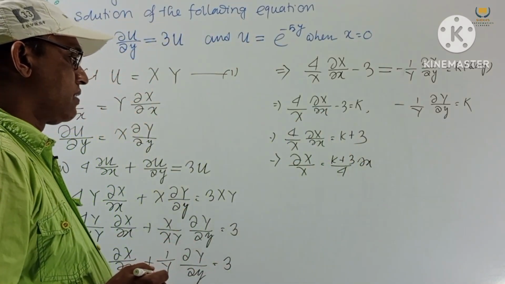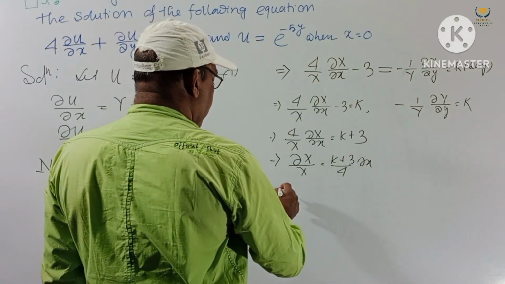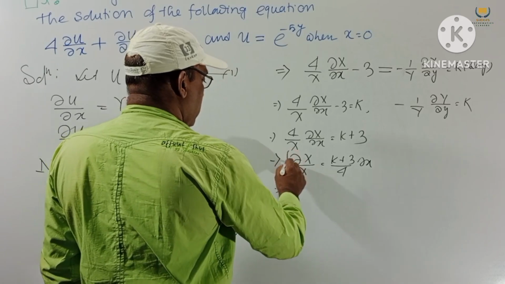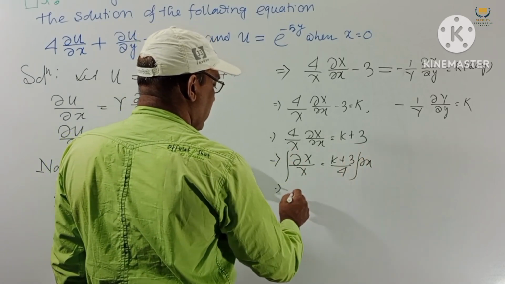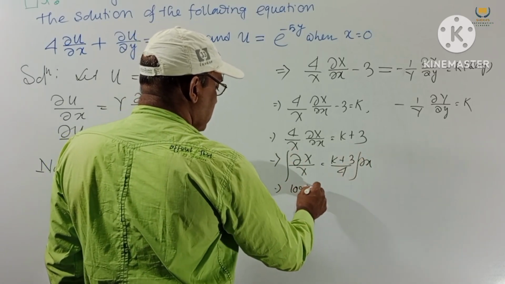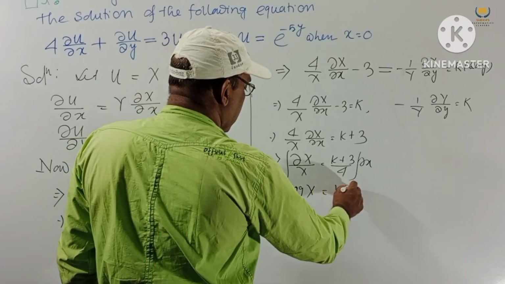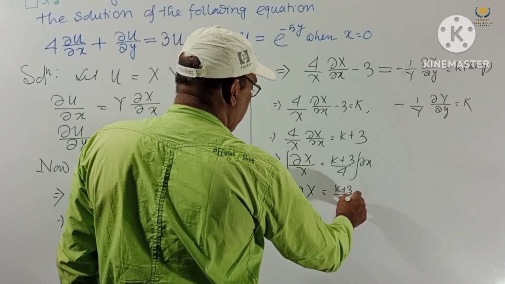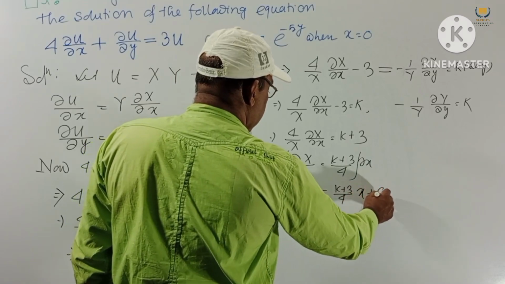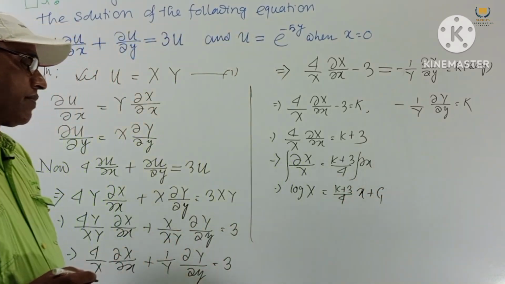If we integrate, we get log X = (k+3)/4 x + c1.